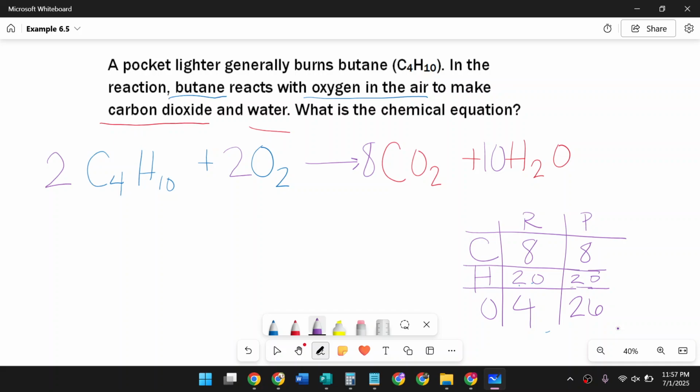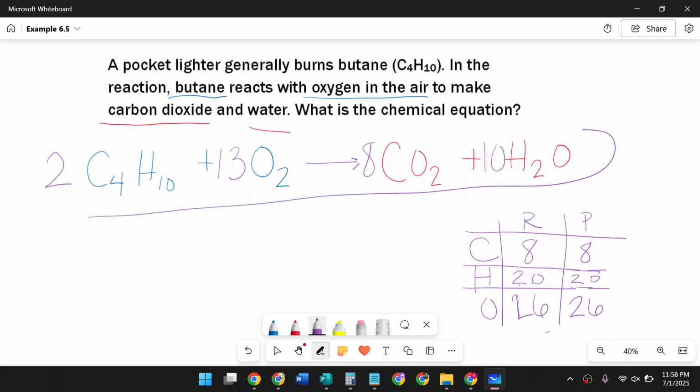Now obviously we know that we can't multiply this 4 by anything to make 26, but this is where we're going to change it anyways. Because we inserted this 2 and we doubled everything, we can erase this 2, and then we can choose what we want to be there instead. Because there are 26 oxygen on the other side, and there have to be some multiple of 2 oxygen on this side because it's O2, we can just decide what do we multiply 2 by to make 26. That's 13. So if we change that 4 to a 13, and we multiply 13 times 2, now we have 26 oxygen on both sides.